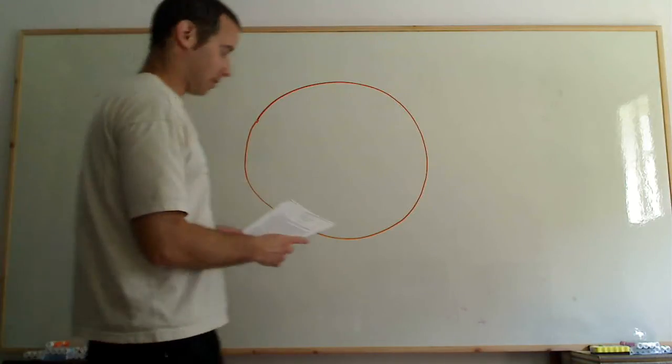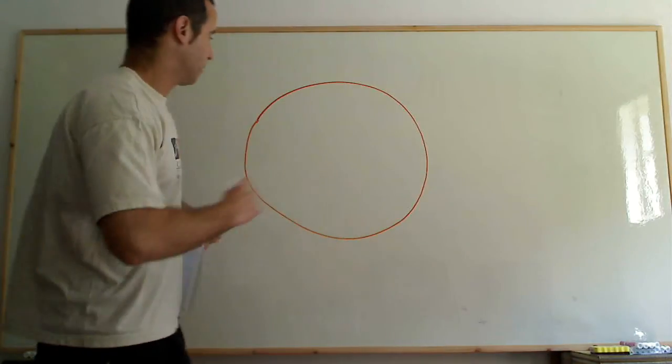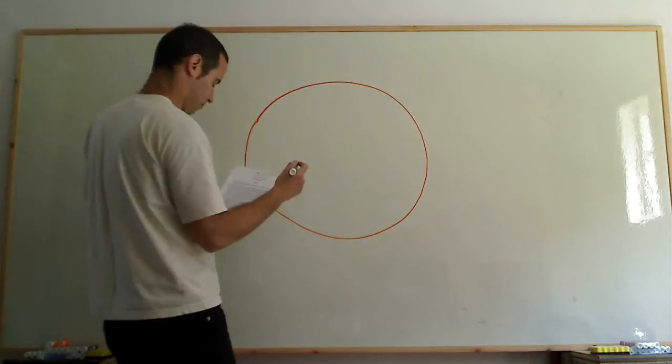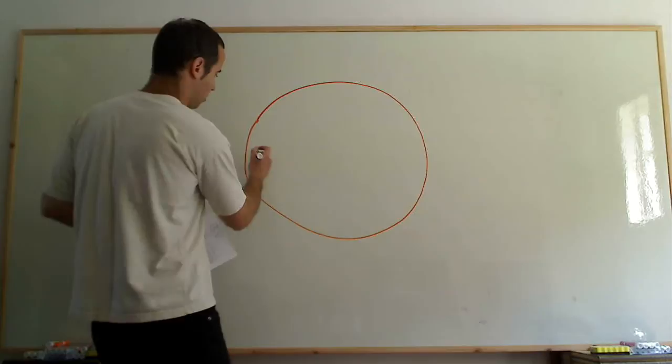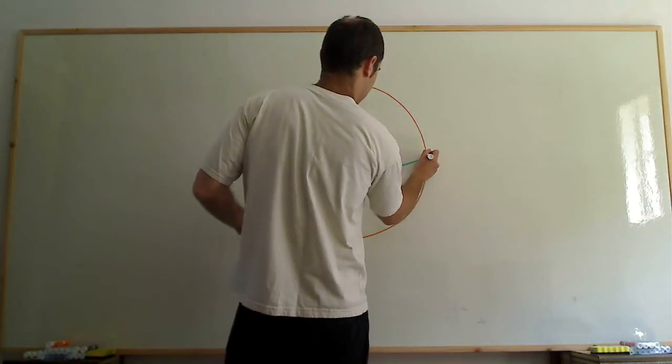Let's put it in green, so we'll use more colors. Like if we have a rope that goes around, like the equator.